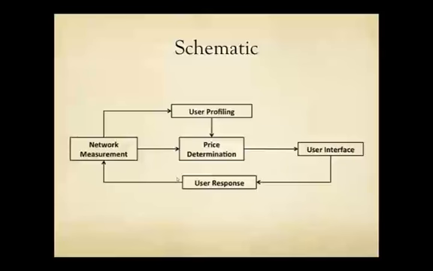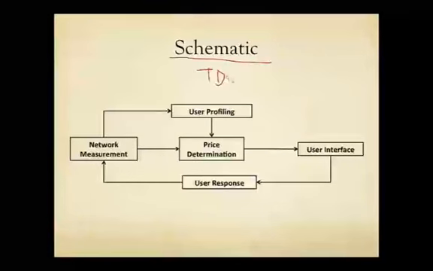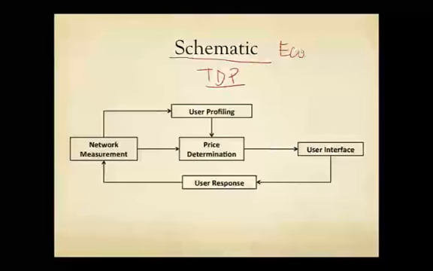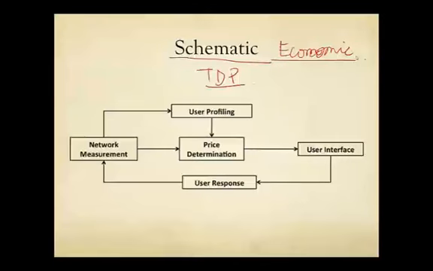So now, before we go any further, let's put ourselves back down to earth to look at a practical implementation, in particular a schematic of a basic time-dependent pricing. Now the economic idea of time-dependent pricing is hardly shocking. Okay, you can even say it's quite boring.